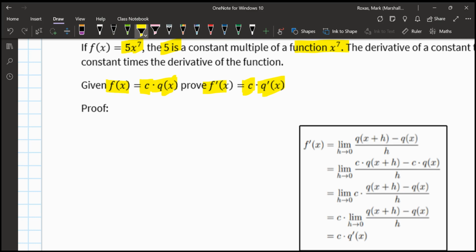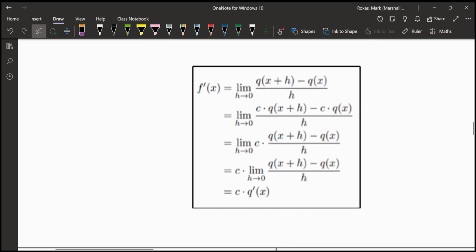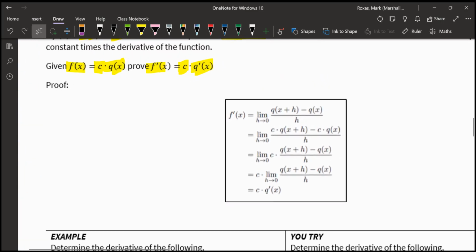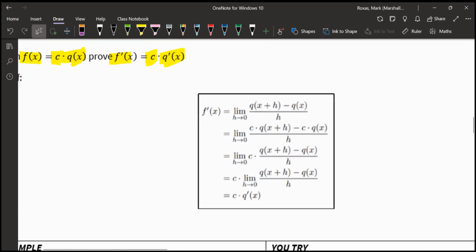Okay, and so here's the proof. Right? So you take the limit as h approaches 0 of q of x plus h minus q of x, multiplied by a constant in the front. What happens? Well, you can use your limit properties.